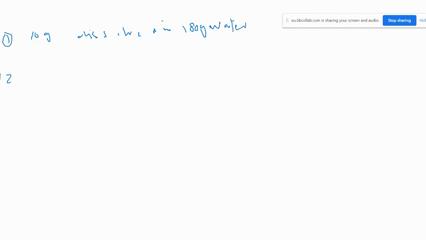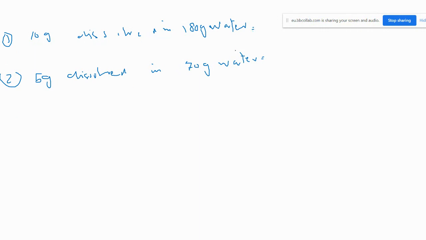Number 2, we have 5 gram dissolved in 70 gram of water. Which one will have more sugar concentration? Which one will have less sugar concentration?